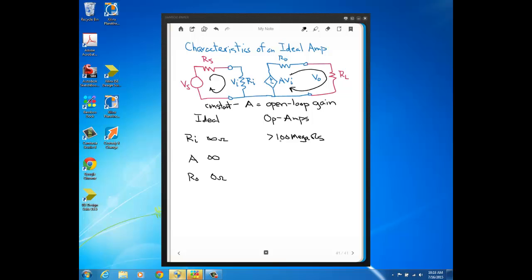So at the very least they have 100 million ohms for input resistance, and a lot of times it's much more than that. Open loop gain for an op amp is at least 100,000. Okay, usually it's several 100,000. And then output resistance of an op amp, it's not 0 ohms, but it's less than an ohm. You know, often a fraction of an ohm.